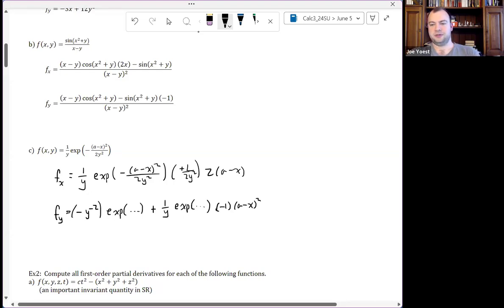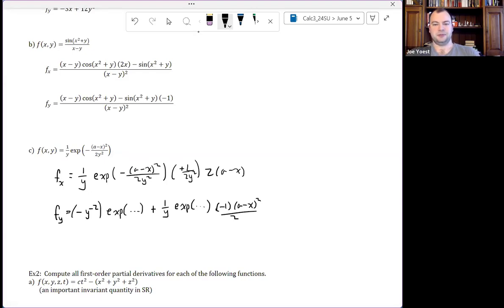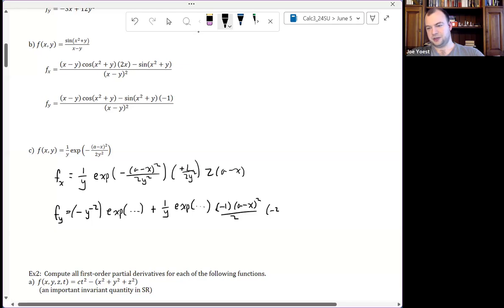That can just come out of the derivative with respect to y, and also the 2 on the bottom can come out. And all I'm left with is differentiating 1 over y squared, or y to the -2, which differentiates to -2 y to the -3 power.